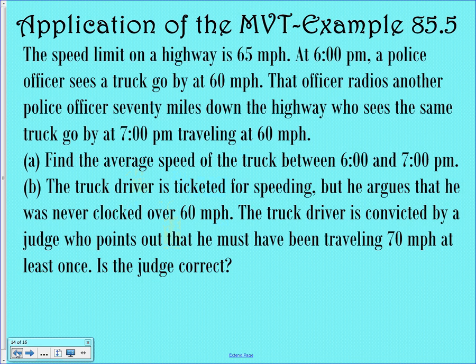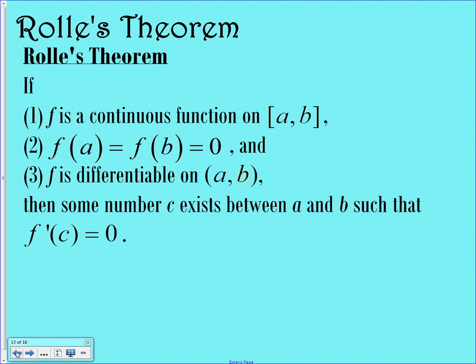Now looking at Rolle's theorem. If you have a continuous function on a to b, and if f of a equals f of b equals 0, and if it is differentiable, then there exists some number between a and b such that the derivative equals 0.